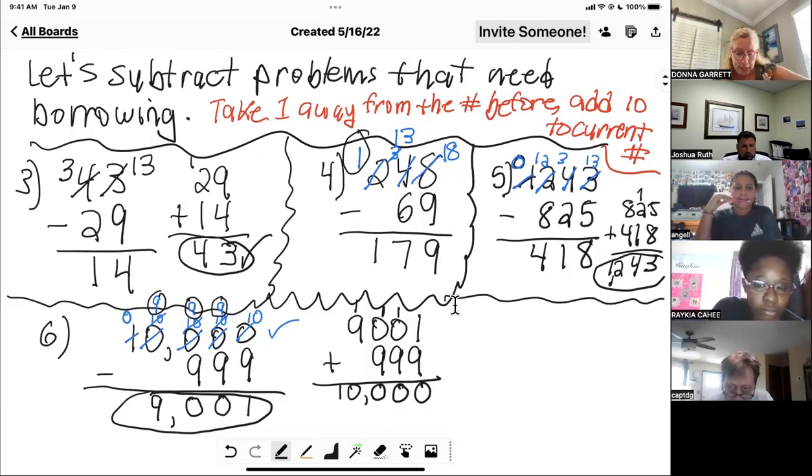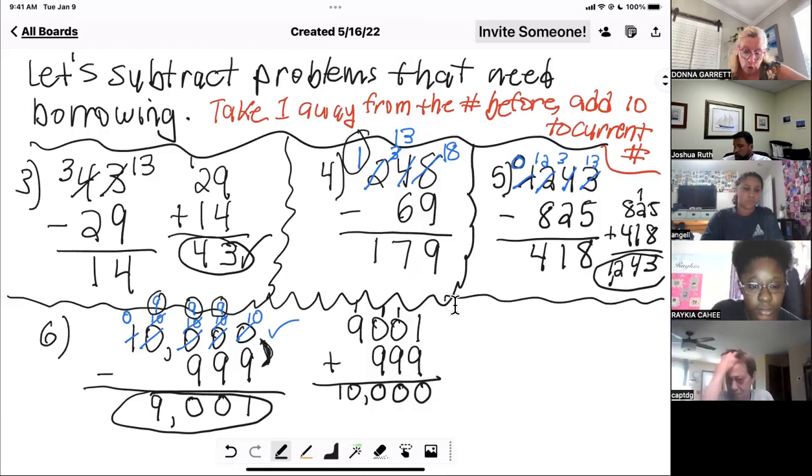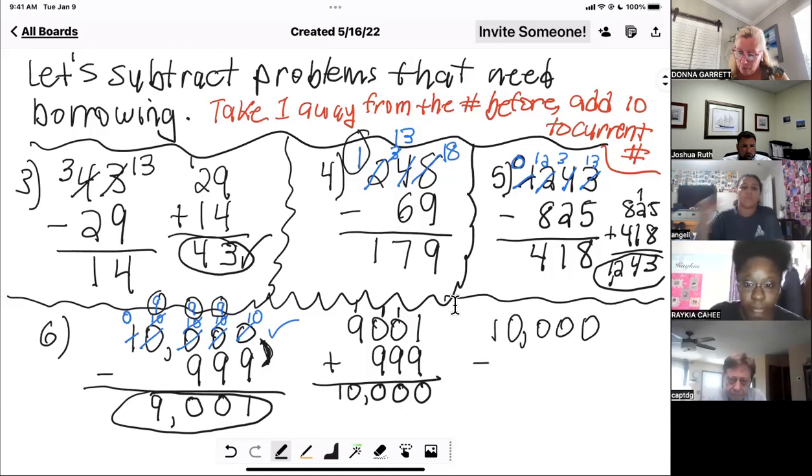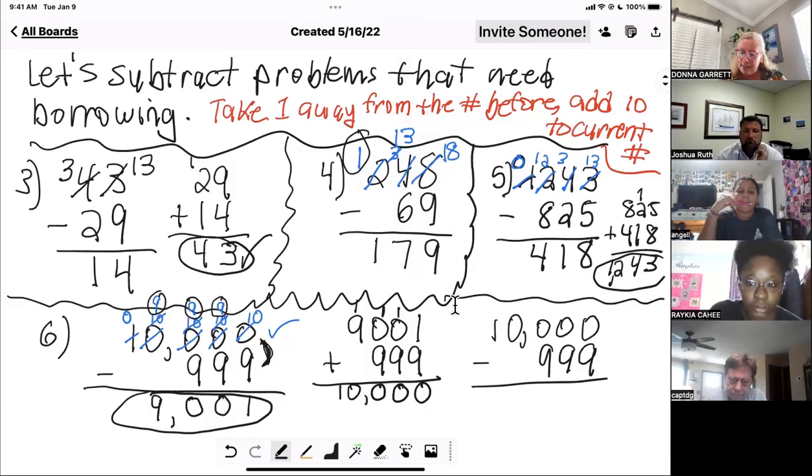Because you can't subtract 0 from 9 all the way down. I can't take 9 from 0. So I needed to get a number there. I can't borrow from 0. Let me try it again. It's a good question. We can't subtract that, right?